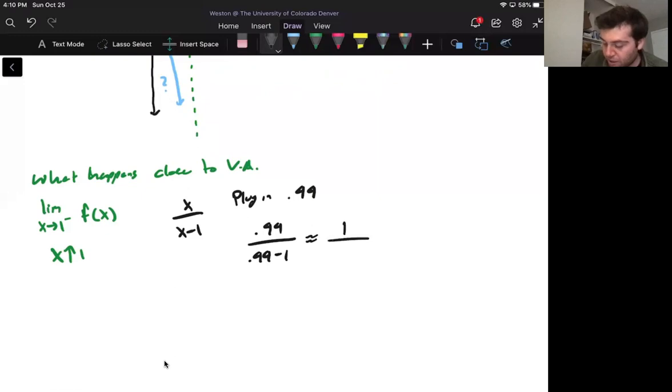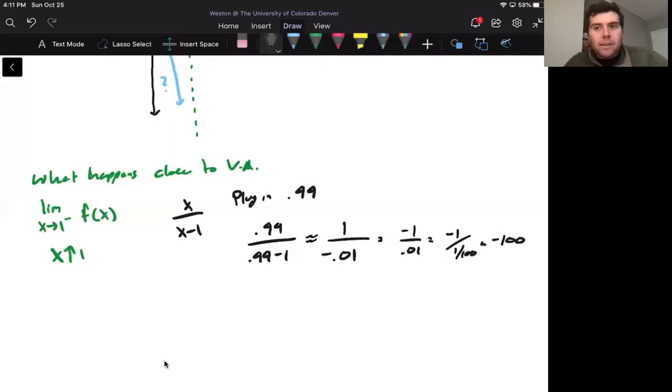That's not going to change too much, but this bottom is negative 0.01. So it's something pretty close to 0, and it's negative. So we can think about this as being -1 over 0.01, or -1 divided by 1 over 100, which is negative 100. So already we're getting a pretty big value out. And that's because we're dividing by something close to 0.